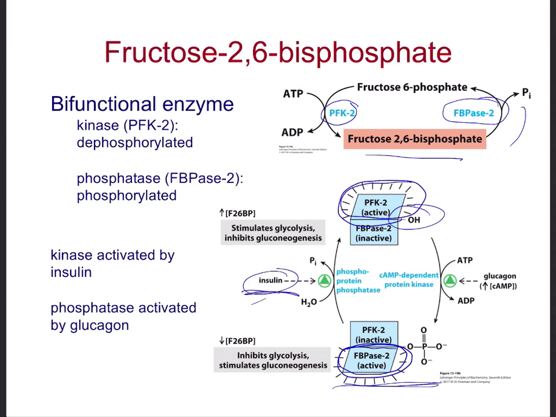Insulin is activating glycolysis. Glucagon is activating gluconeogenesis. And a lot of that is being achieved by regulation of this one specific enzyme, this bifunctional PFK2/fructose 2,6-bisphosphatase enzyme. And whether or not it's phosphorylated will tell us which of the activities this particular protein is going to have.